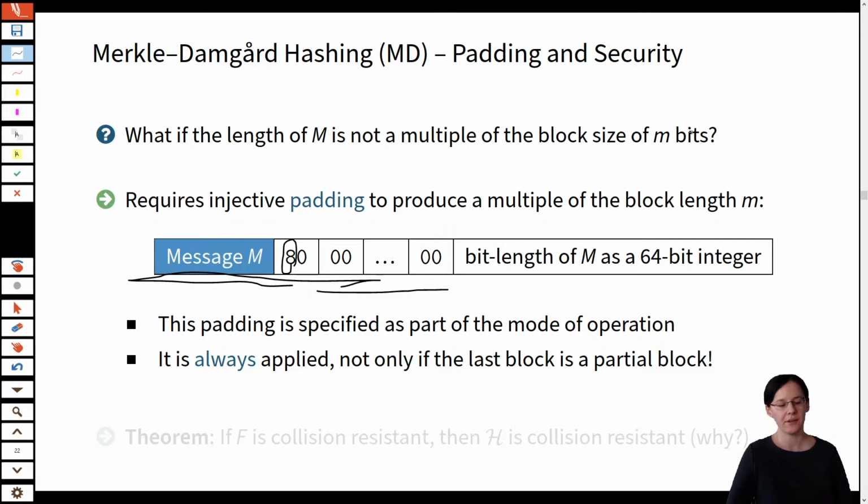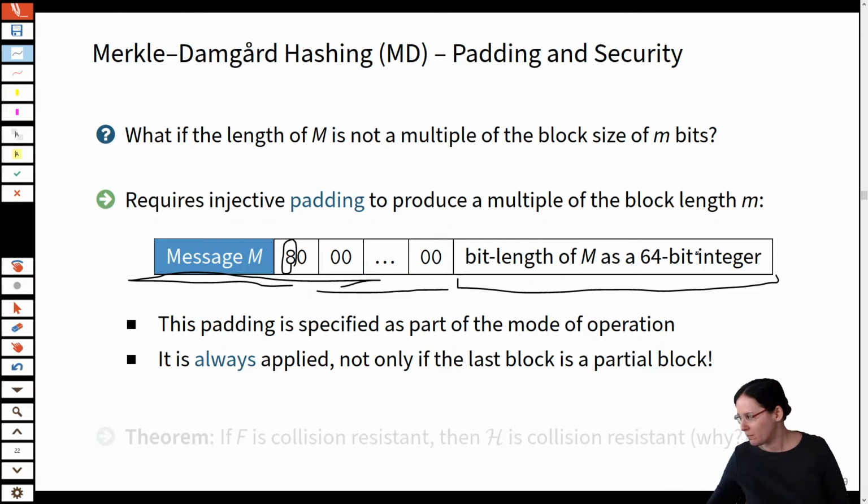And what Merkle-Damgård strengthening also does, mostly for simplifying the security proof of the scheme, is to add an integer at the end that writes down exactly what the original length of the message was, written as a 64-bit integer.